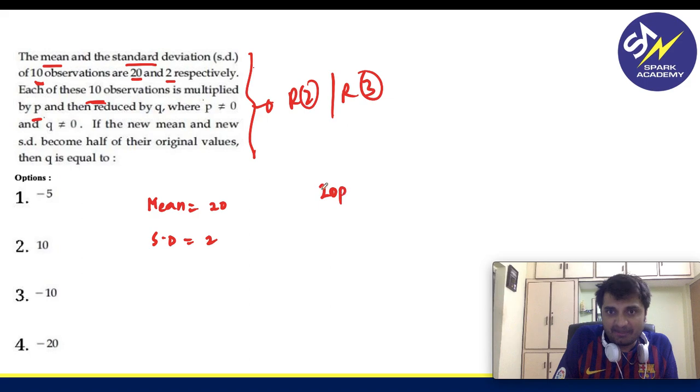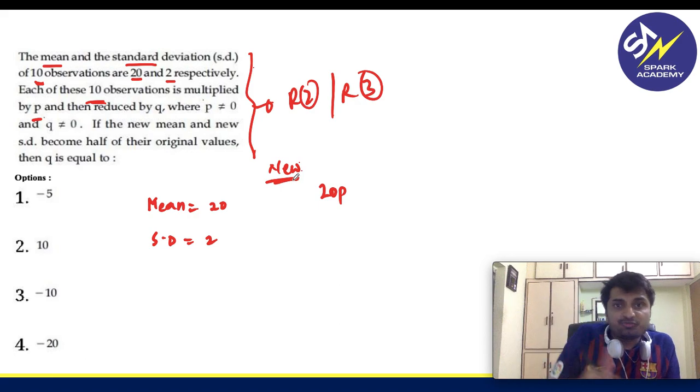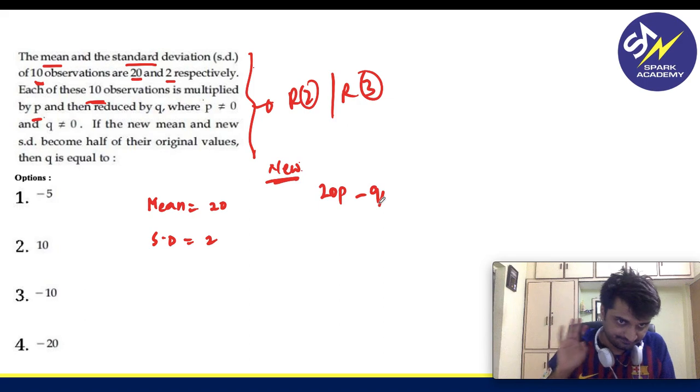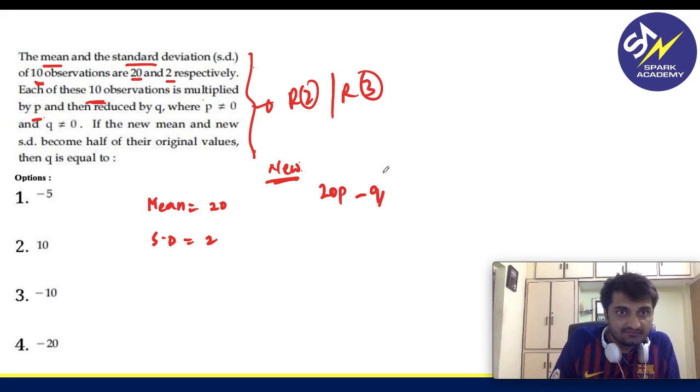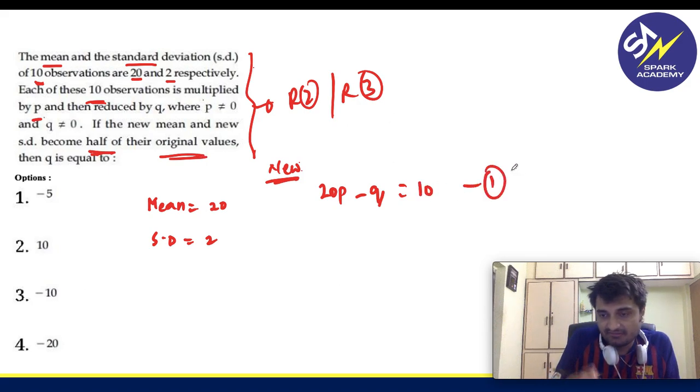So I will write 20p, the new mean. And then reduced by q. If each term is reduced by q, the whole mean will also reduce by q. Then the new mean will be half of the original value. So what is happening here?